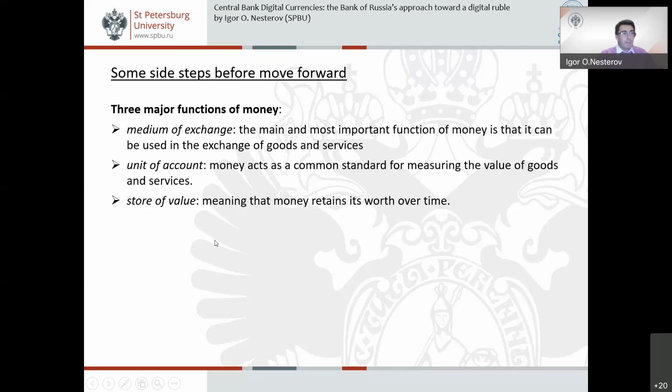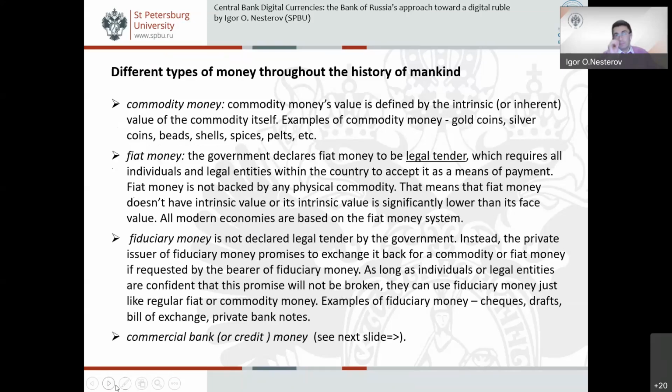No wonder then that during the history of mankind there were different types of money, and we can mention, I think, four types of money throughout the history of mankind. That is commodity money.